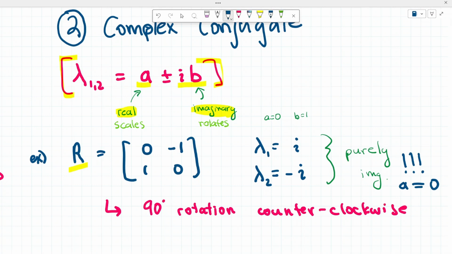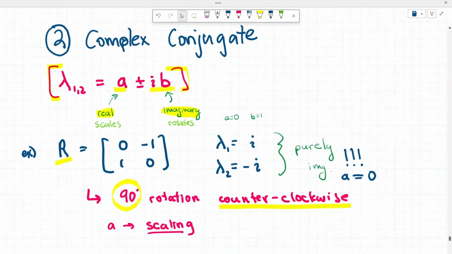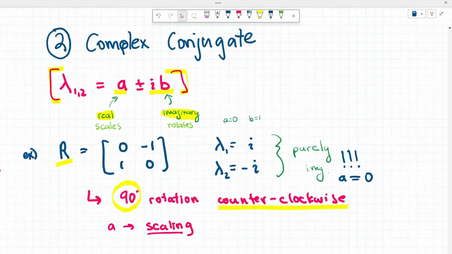So as a result, this actually represents a 90-degree rotation in the counterclockwise direction. So our imaginary part corresponds to the rotation, whereas our real part corresponds to a scaling or to a stretch. So here, since a equals 0, we are not scaling our values at all. We are simply just rotating them.